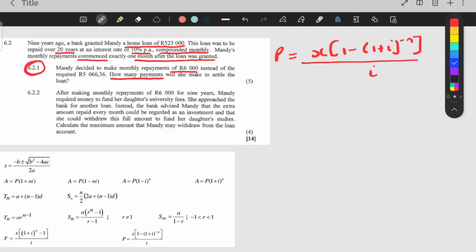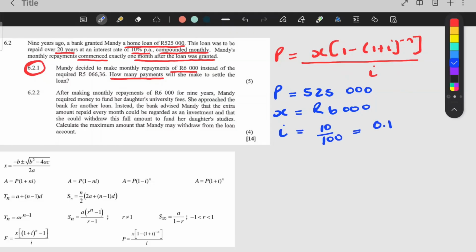And then let's fill in. P is the value of the loan, so P is 525,000. X is the monthly payments, so she is making payments of 6,000 Rand. i is the interest rate, 10% is 10 over 100, so that gives me 0.1, and it's compounded monthly. And then n is the number of payments, and that is the question.